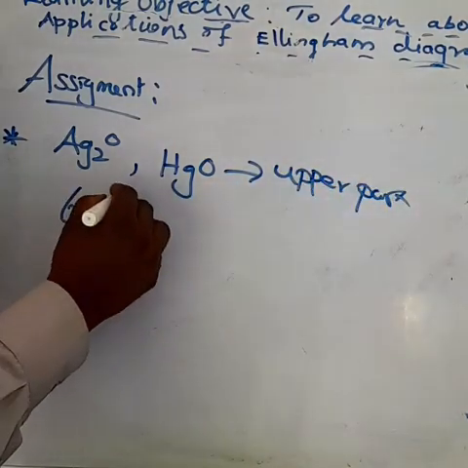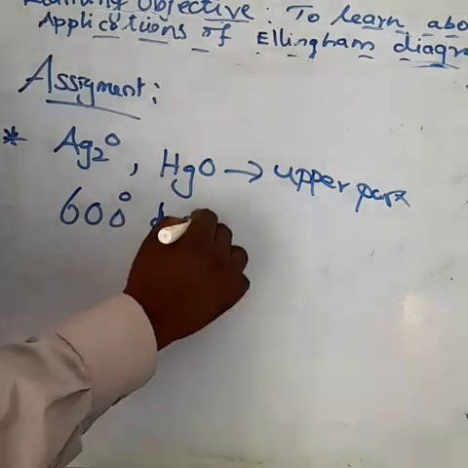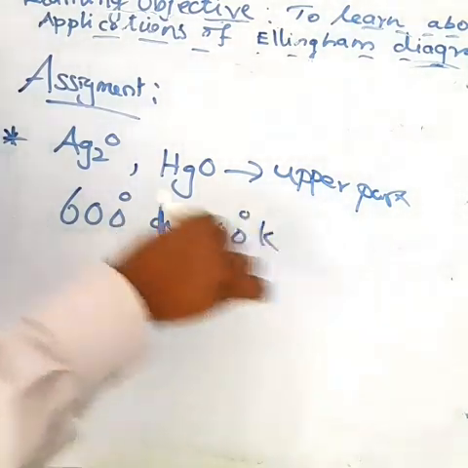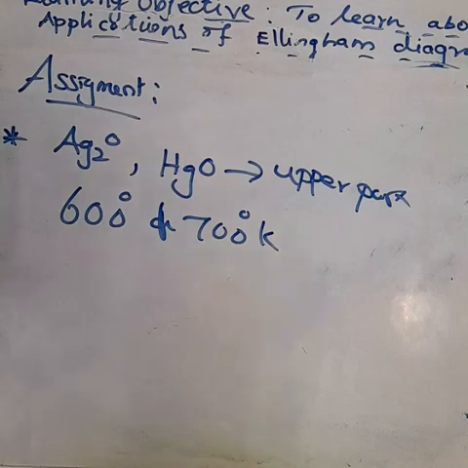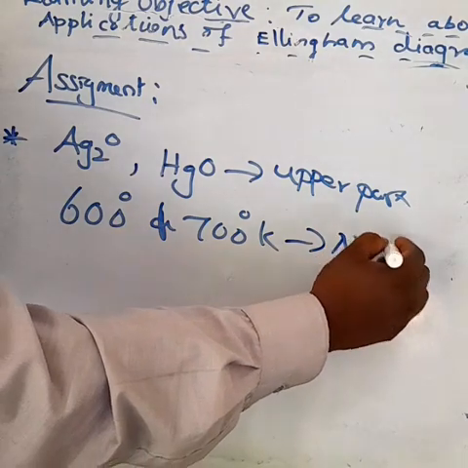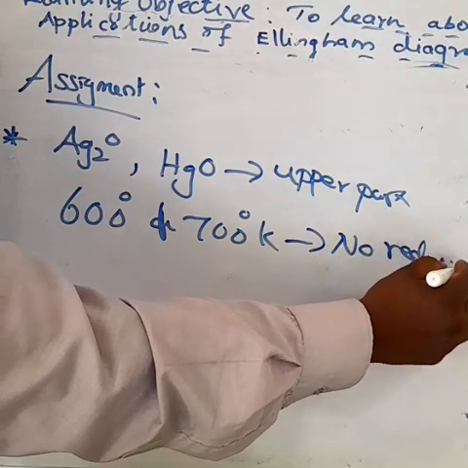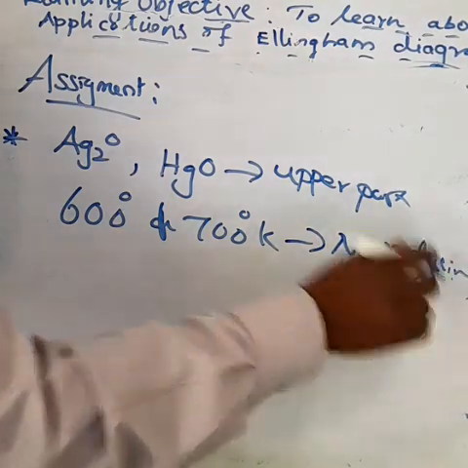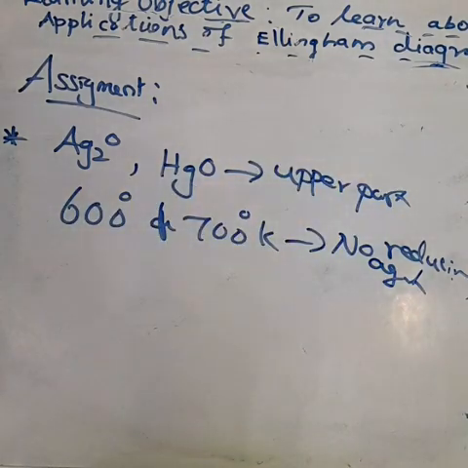Their decomposition temperatures are 600 and 700 Kelvin. Don't forget the temperature also. For this reaction, the conversion of oxide to metal, there is no need of a reducing agent. In the absence of a reducing agent, these metals undergo decomposition on heating.